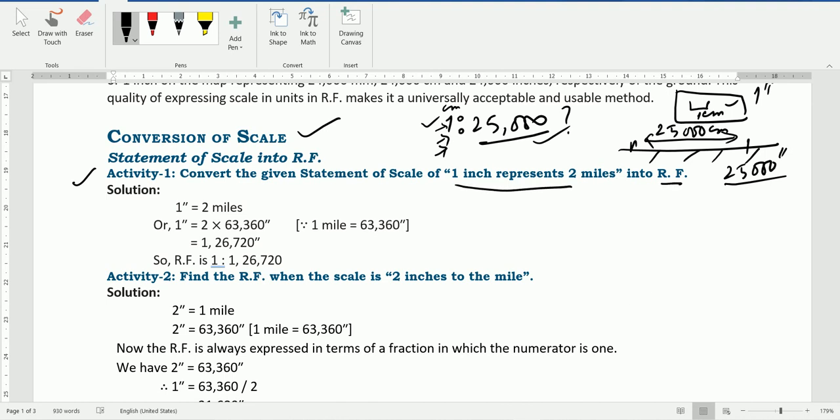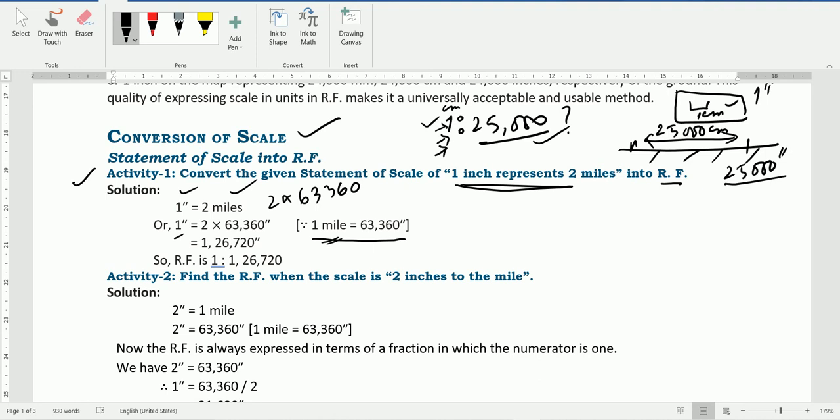So here we have the solution. As given in the question, 1 inch represents 2 miles, which means 1 inch is equal to 2 into 63,360, because 1 mile is equal to 63,360 inches.